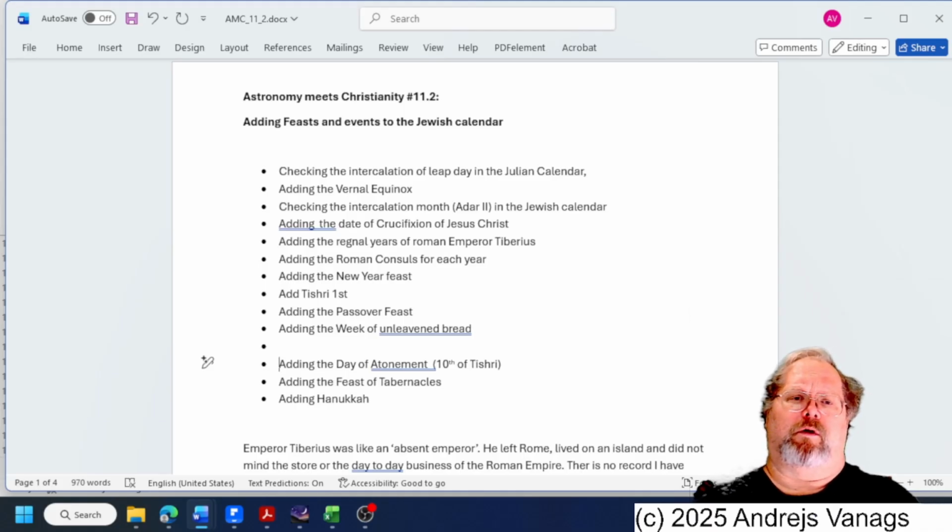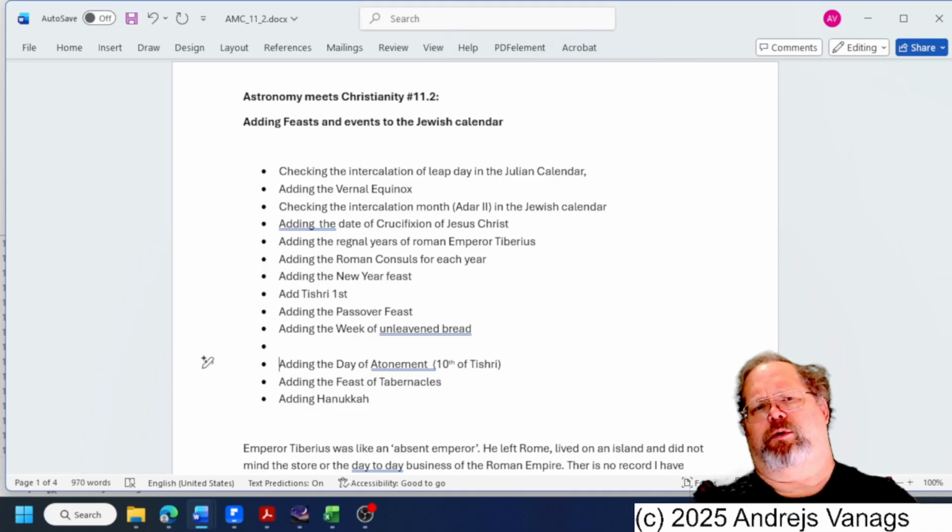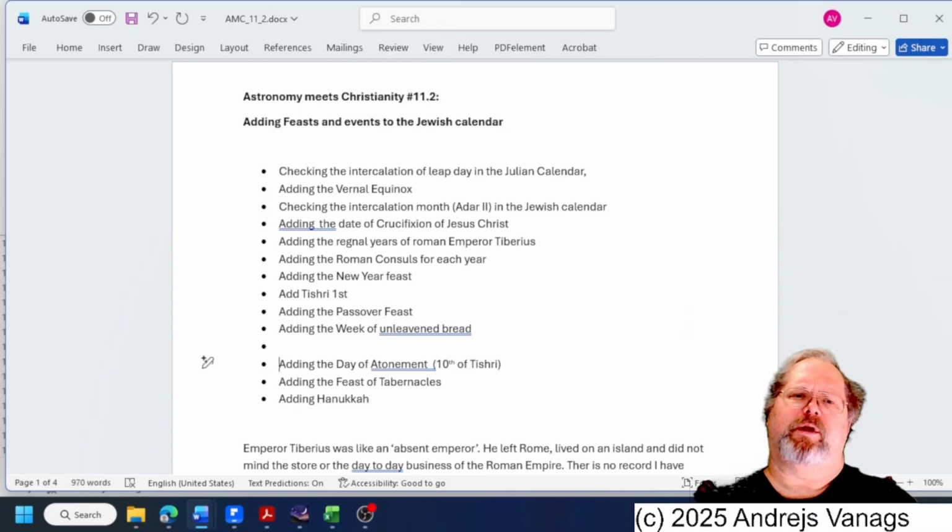The other important thing of the Day of Atonement is that every day the priests were there. They would light up a little incense in the morning, and I think they'd light it up in the afternoon or something like that. So there was the everyday incense lighting.